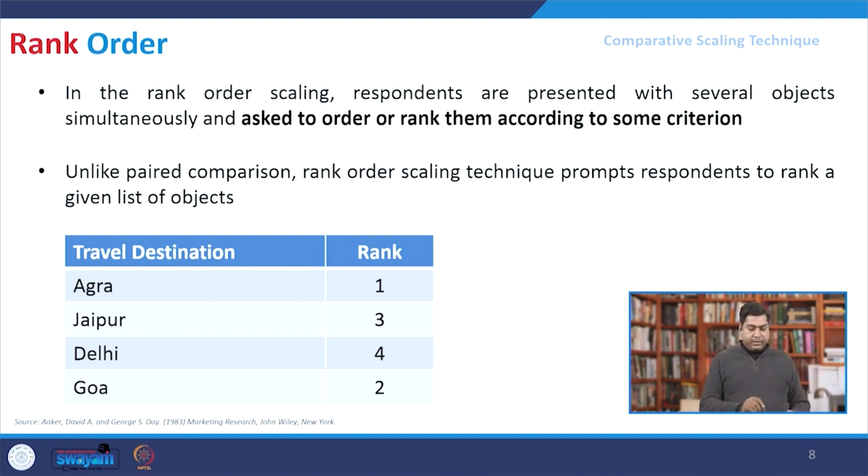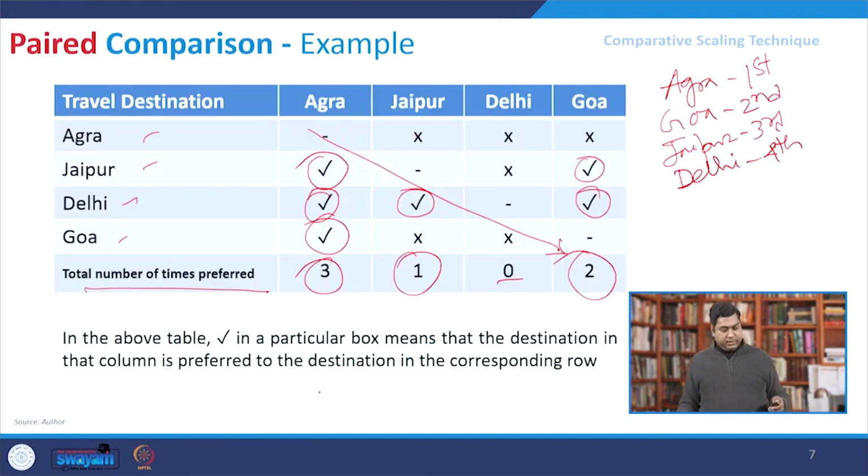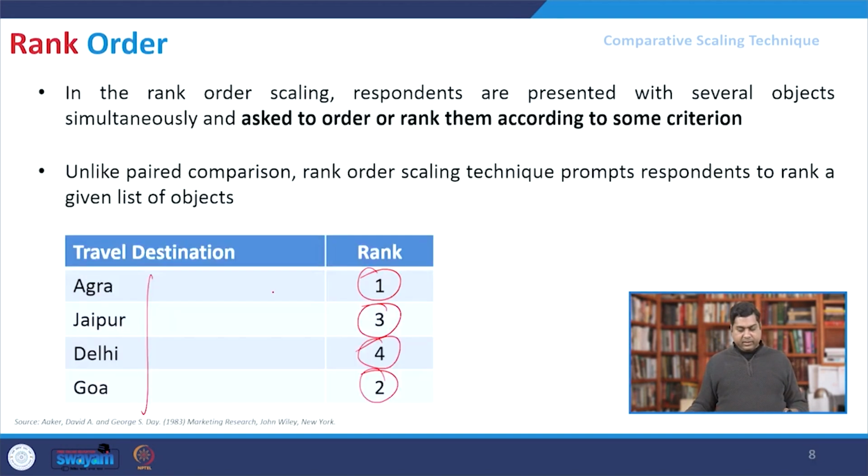I am ranking these 4 tourist destinations, where Agra in this case is rank 1, Delhi the 4th, Jaipur 3rd, and Goa 2. Why Goa 2? Because in the same example Goa was preferred 2 times and Agra 3 times, so with the number of preferences this can be ranked.